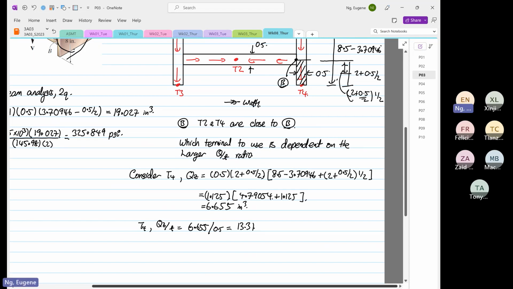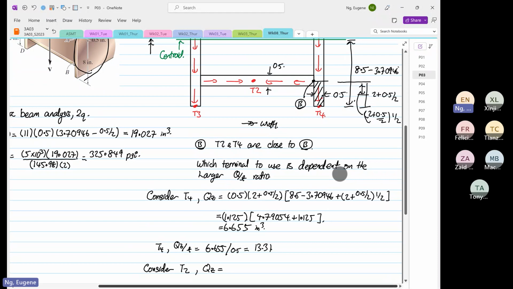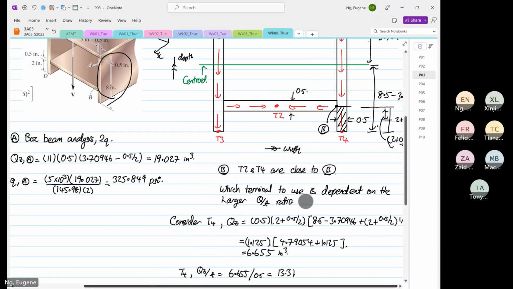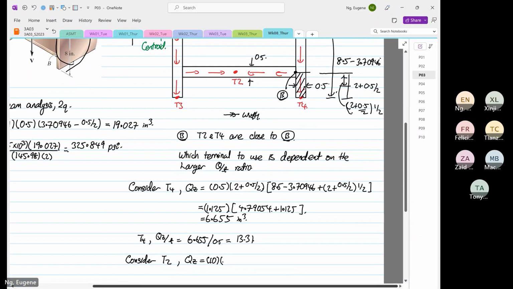Okay. So if we consider terminal number 2, for QZ the width will be 10 and the depth will be 0.5.